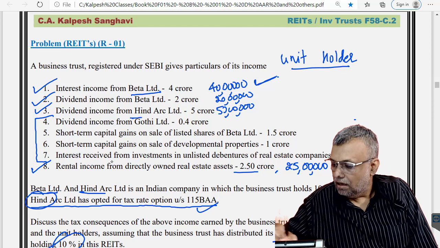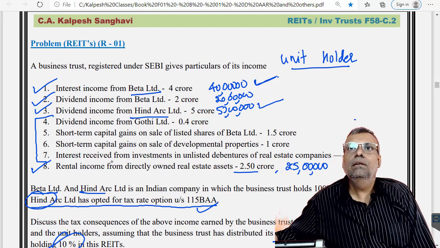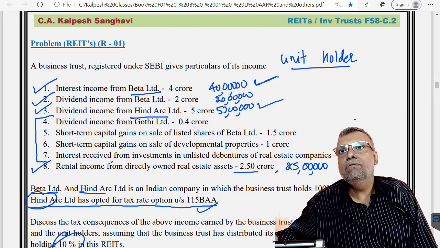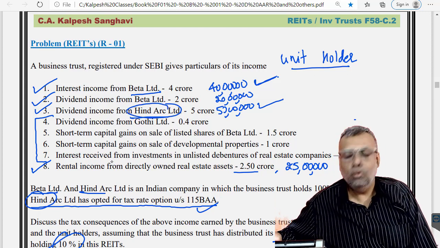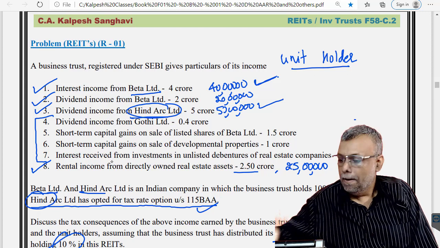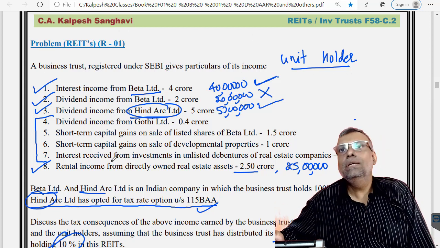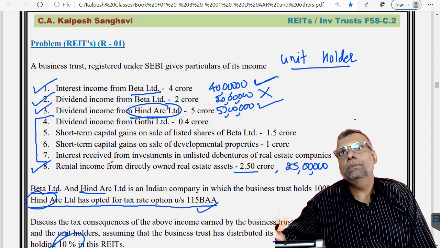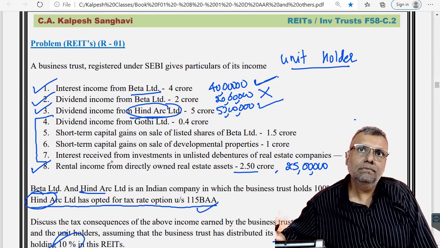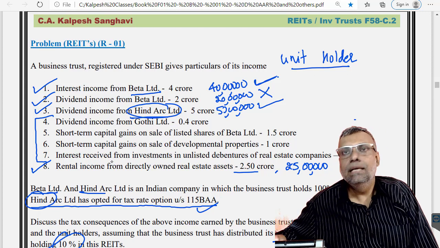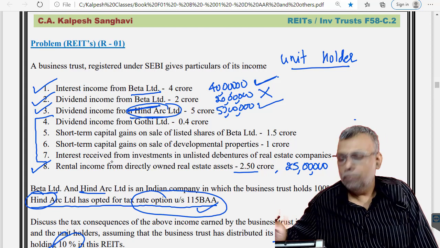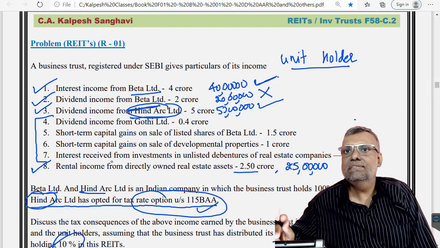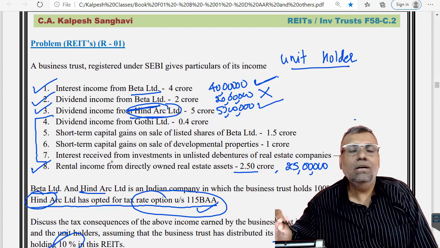So Hind Arc, which is covered by 115 BAA provisions, will be taxable in the hands of the unit holder. Put it differently, these 20 lakhs of rupees will not be chargeable to tax in the hands of the unit holder. Ideally it should have been chargeable to tax, but it will not be, because Beta Limited's exercise of the option under 115 BAA provisions is not specifically mentioned in the question.